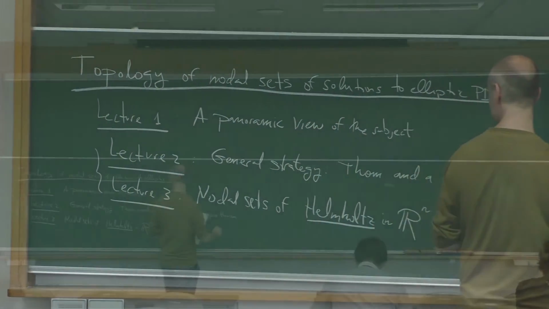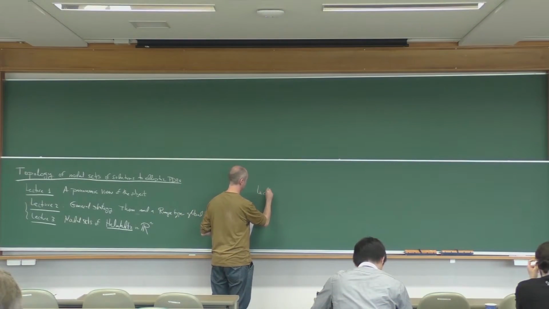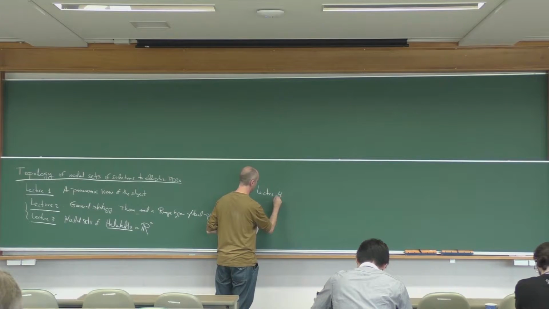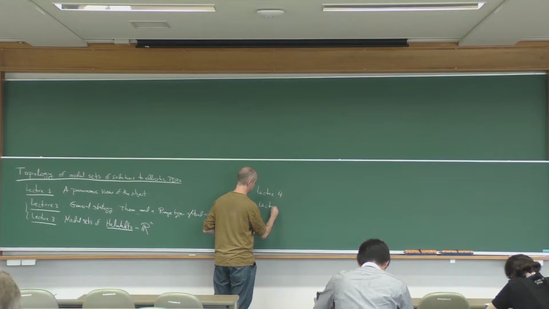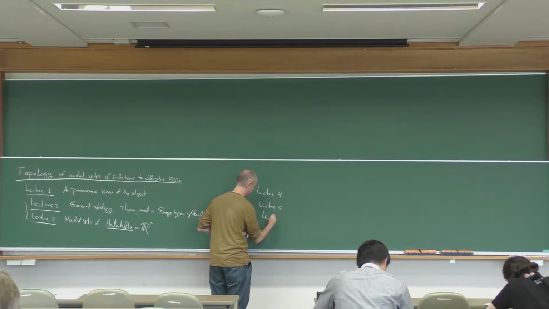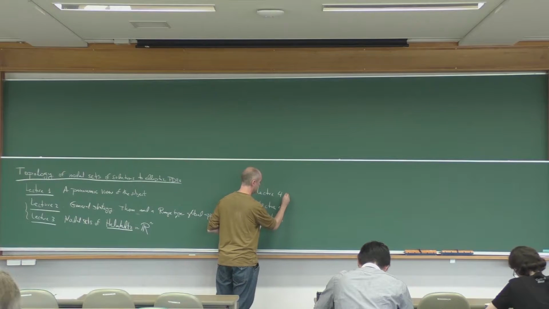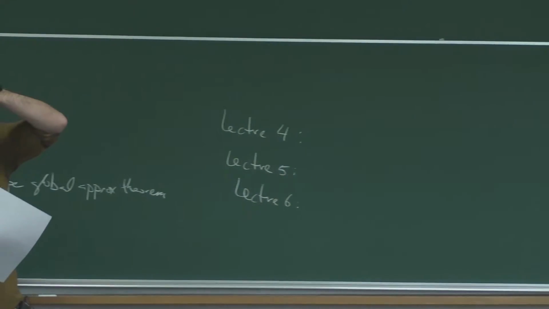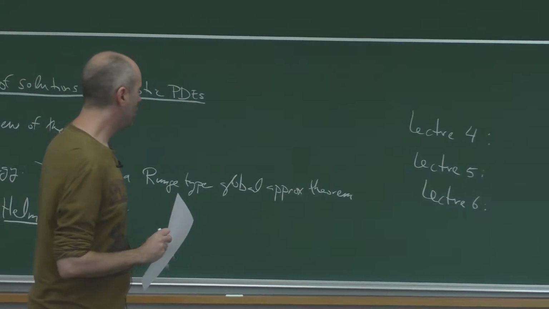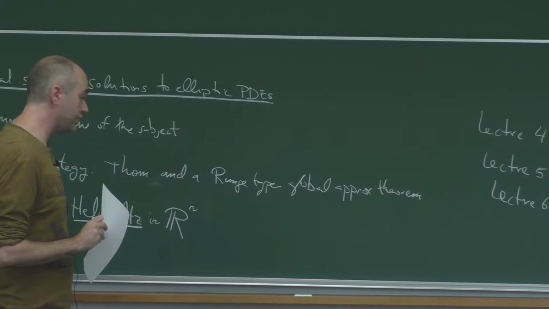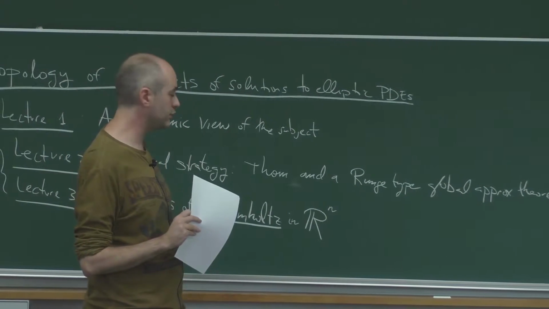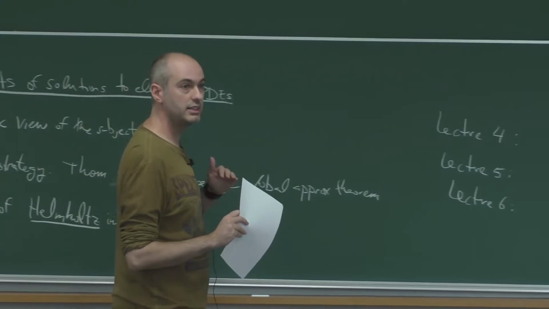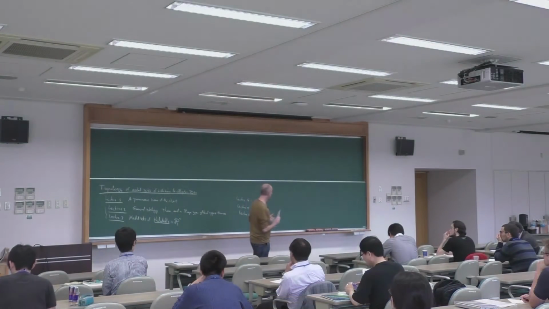So in the last 3 lectures, lecture 4, lecture 5, and lecture 6, there will be some non-trivial applications of these techniques and also of this result for the nodal set of Helmholtz, into apparently unrelated contexts.